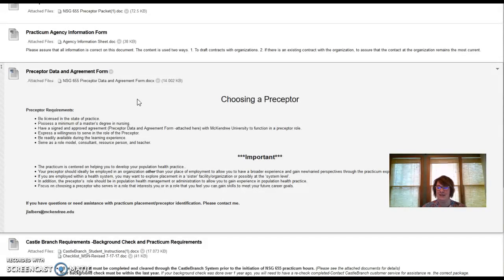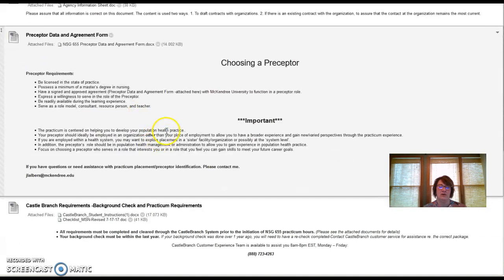But because of CCNE, we have to make sure that the designated preceptor who will be coordinating your practicum experience does possess a master's in nursing. There are some tips as far as choosing your preceptor. If you have any questions or want to brainstorm as far as practicum or preceptor placement, let me know and we will work through that.